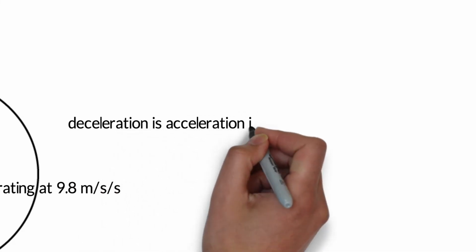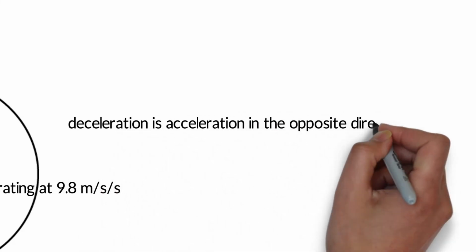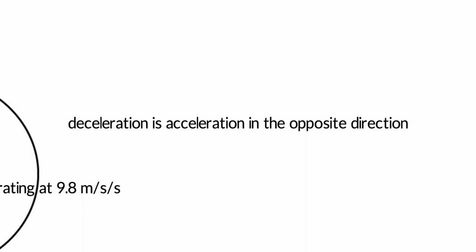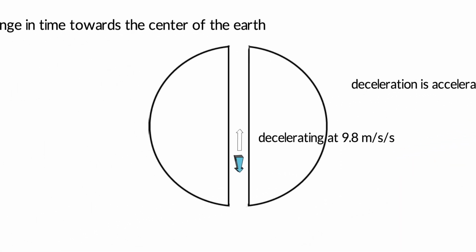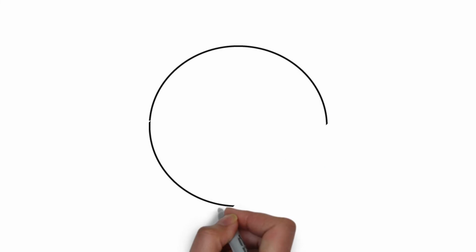Deceleration is simply acceleration in the opposite direction. Your momentum carries you past the center of the earth, but you start decelerating at 9.8 meters per second per second. Let's go back to the beginning.